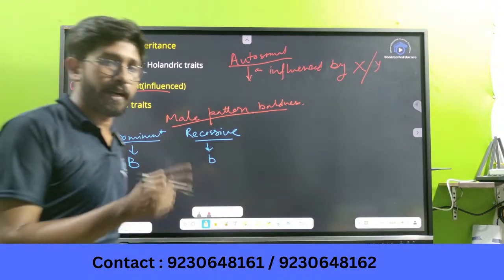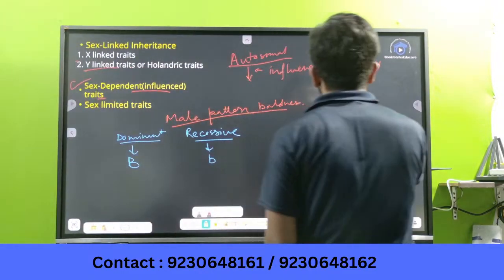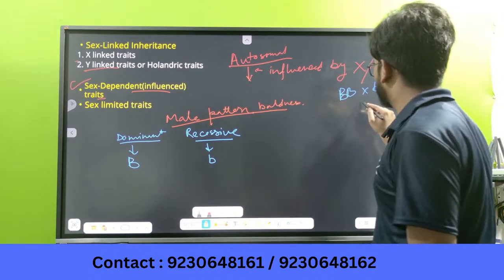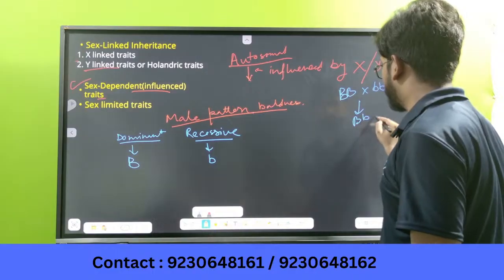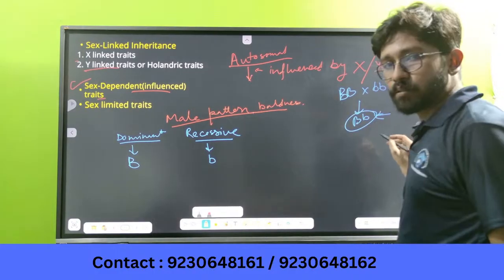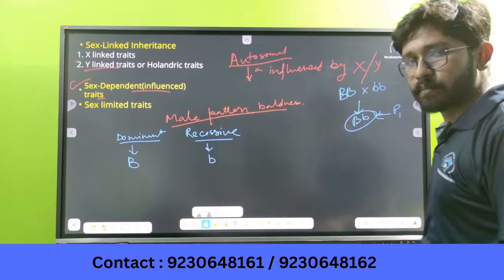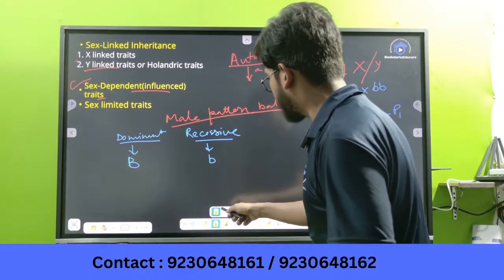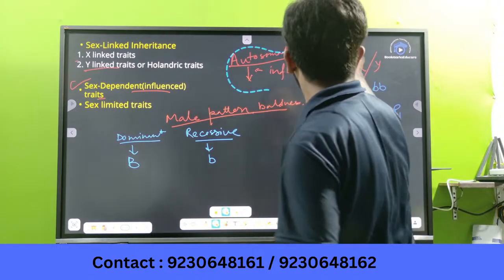Now, if we make a Punnett square with it, capital B into small b, we get capital B small b. Now we take that as P1, right? If it is P1, let me erase some part of it so that I can write again.